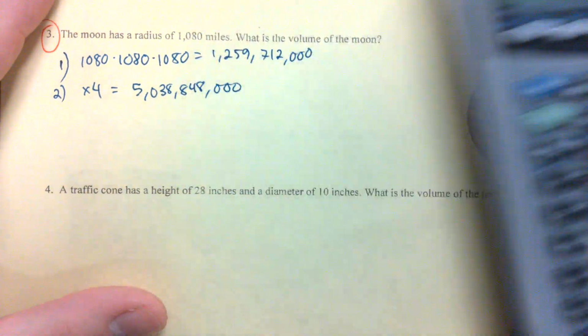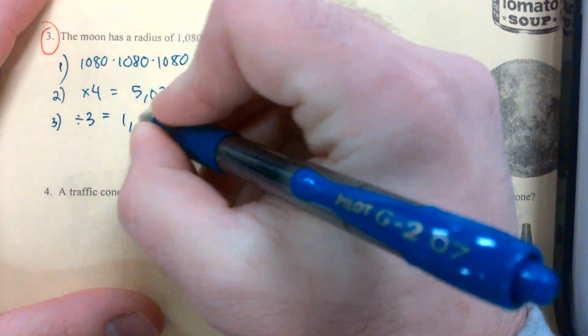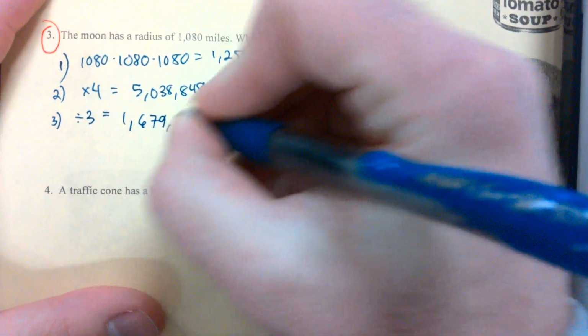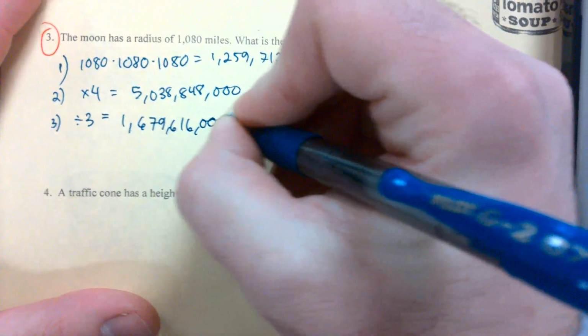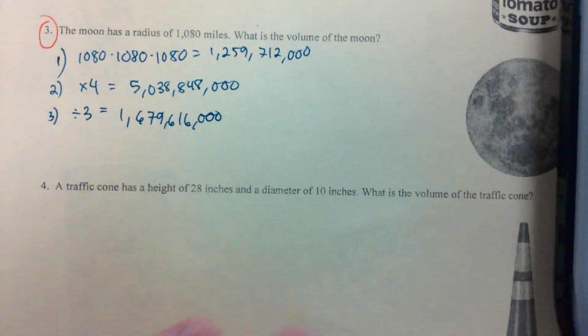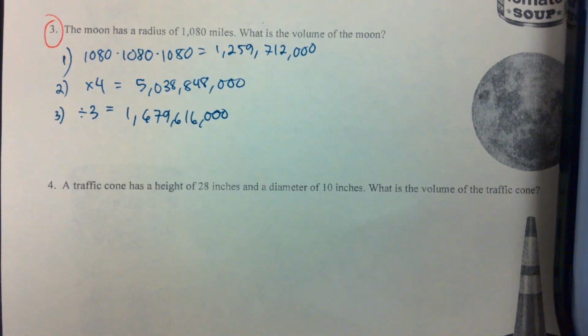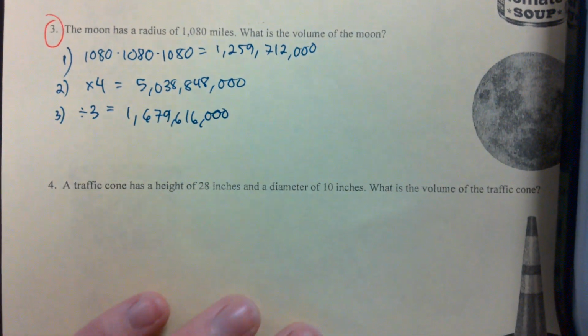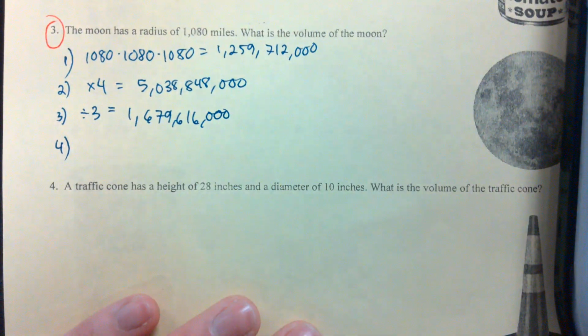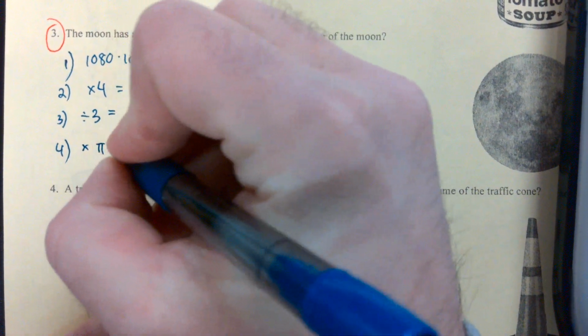1 billion divided by 3 gives me 1,679,616,000. What's my last step going to be? Step 4. Times it by pi.